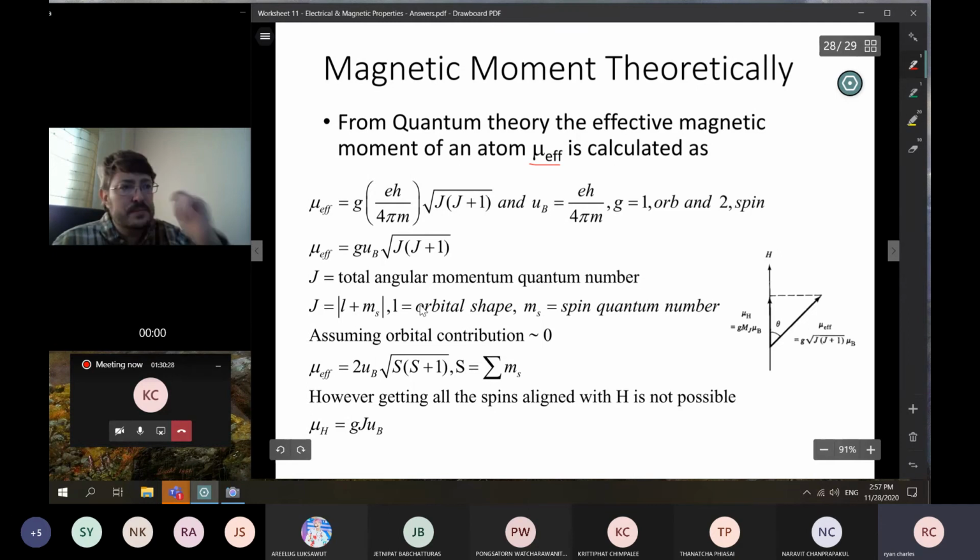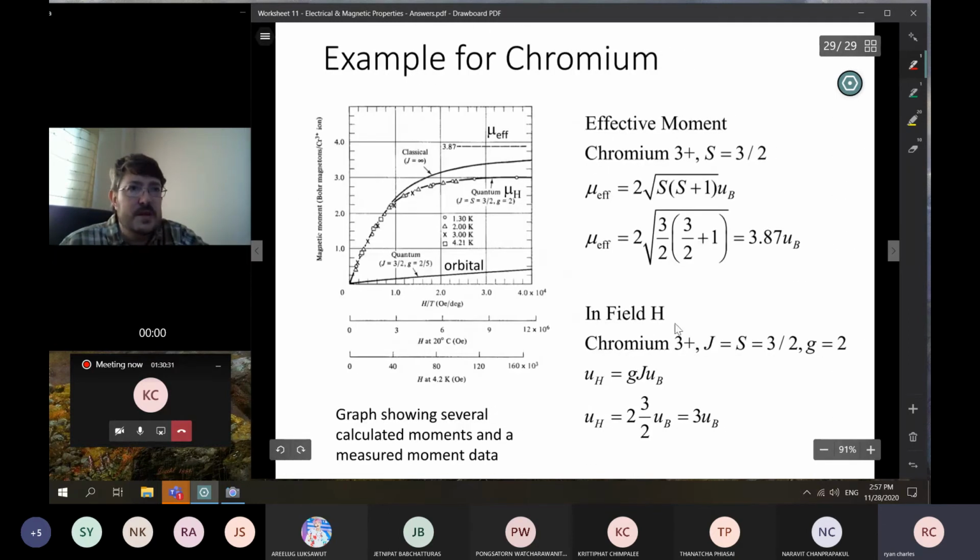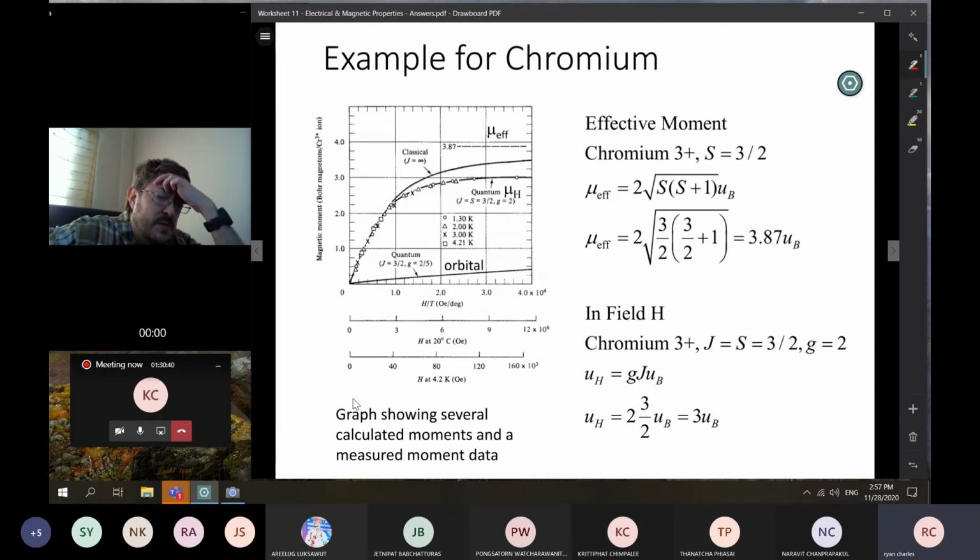I don't actually want to go into this because this is a real headache. But when you get into electrical and magnetic properties beyond an introductory book, it gets into a lot of solid state physics and quantum mechanics, stuff that you, as an engineer, go, why on earth would I ever have to use that stuff?